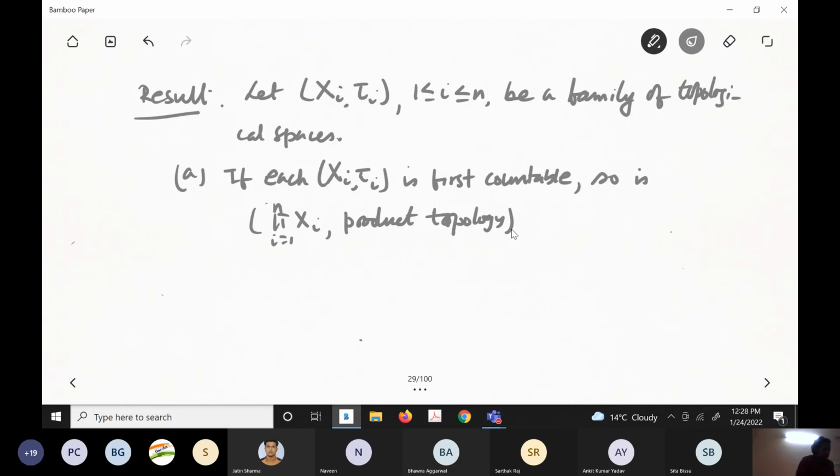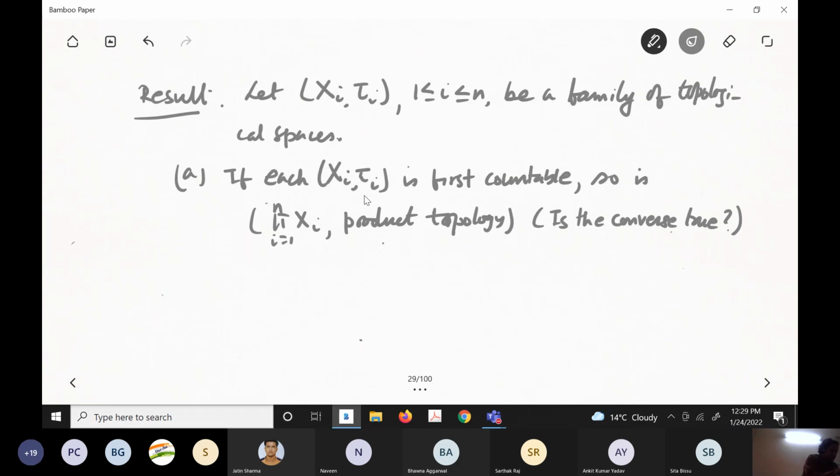Well, you have each projection open and continuous. Is the converse true? That means, if the product is first countable, whether each of them will be first countable.